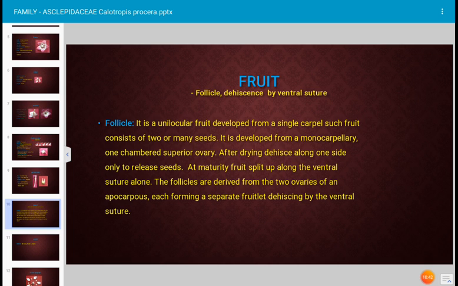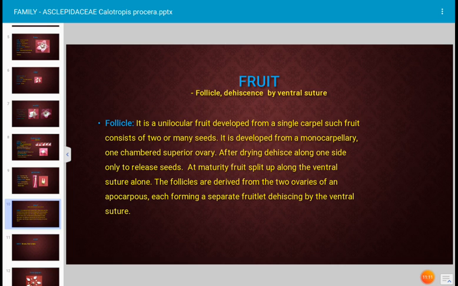The fruit of Calotropis procera is a follicle. Follicle type of fruit occurs in Calotropis procera. And dehiscence of the fruit takes place by the ventral suture. Okay. What is a follicle? It is a fruit which develops from a unilocular ovary having a single carpel.